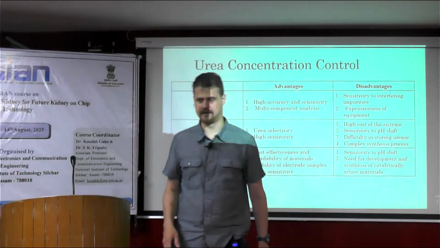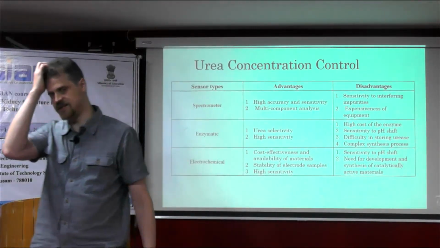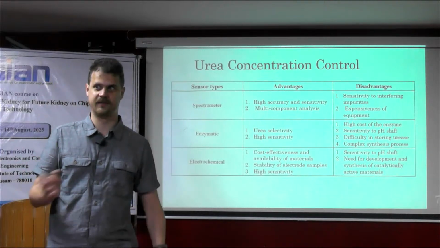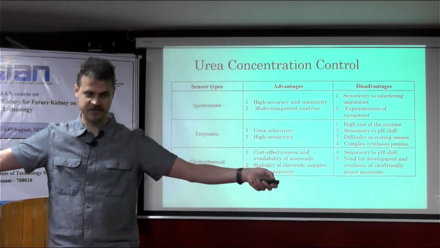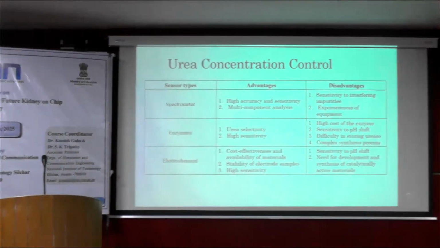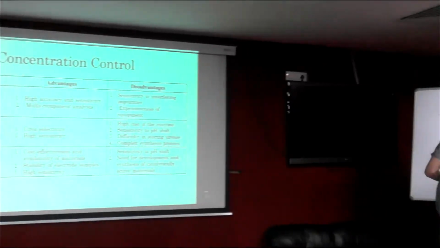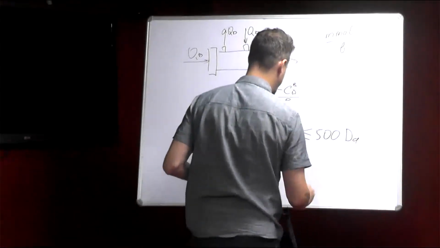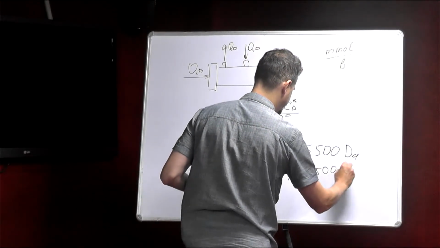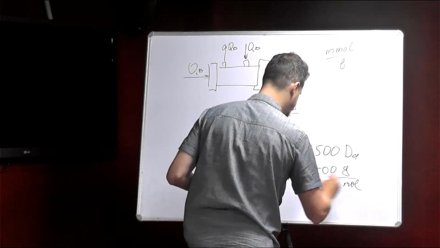What has to be taken into consideration is that even if we talk about small-sized molecules, those that are usually smaller than 500 daltons, or in molecular mass 500 grams per mole.